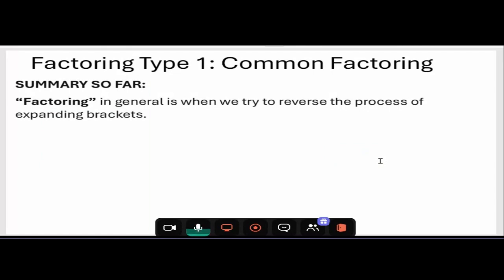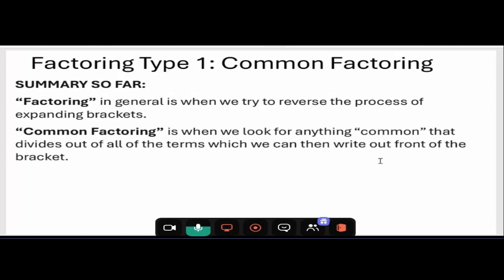So, summary so far. Factoring in general is trying to reverse the process of expanding brackets. That is the big picture. All types of factoring are trying to reverse the process of expanding brackets. Our first type of factoring, common factoring, we look for anything that is common that divides out of every term. And then we pull that in front of the bracket.